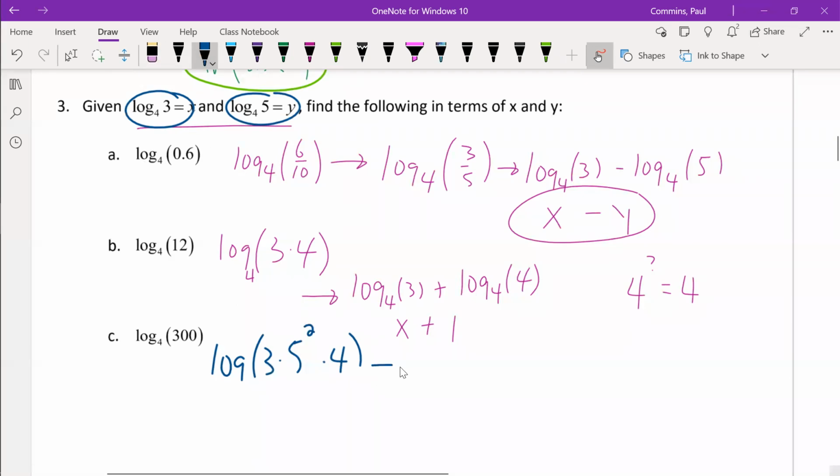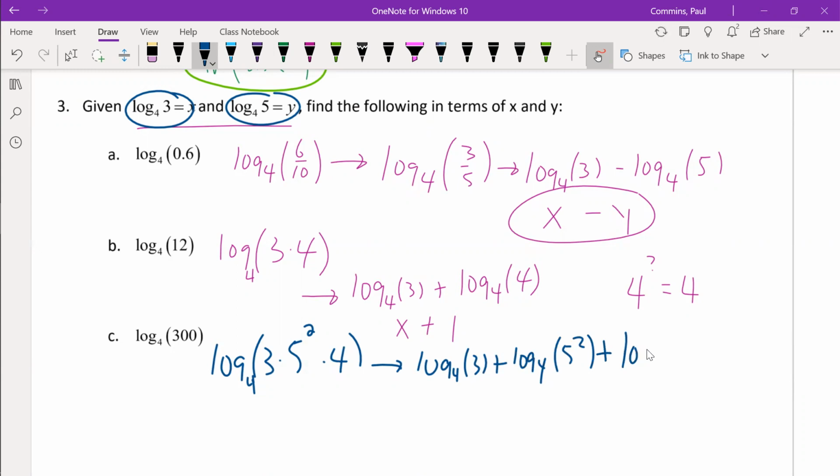break it up into a sum. This should be a base 4 log: log base 4 of 3 plus log base 4 of 5 squared plus log base 4 of 4. And this 2 can come out front.